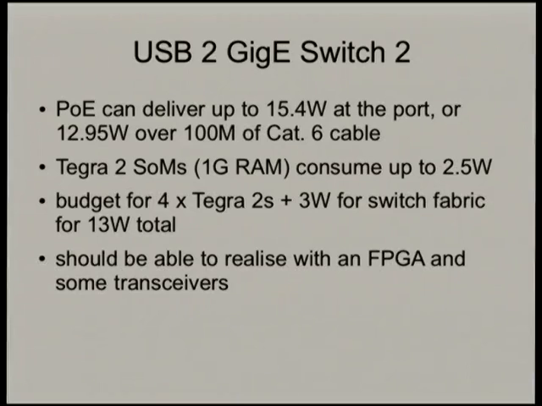Gigabit networking generally uses a reasonable amount of power, just because of the voltages and signalling involved, and the switch fabric and the USB transceivers, of course. And so the intention is to realise that with an FPGA and some transceivers: a gigabit network transceiver and 4 USB 2 transceivers.